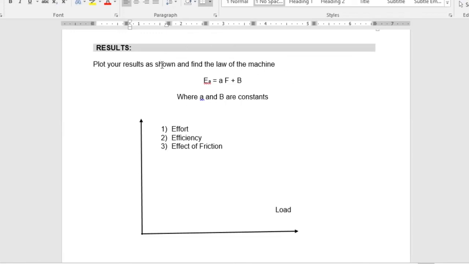You have to find the equation: EA equals AF plus B. EA is the actual effort, A is a constant that you have to find from the graph, F is the load, and B is another constant. You can also find it from the graph, the value that intersects on the y-axis, that is B, and the slope is A. So from the graph you can find the constant values of A and B, and in this way find the law of the machine, the equation for this bevel gear drive.